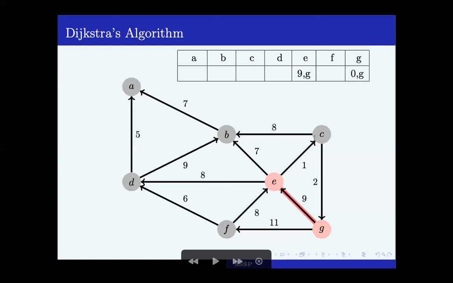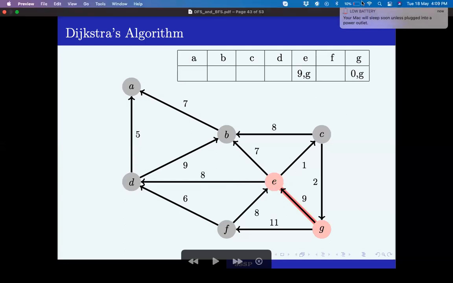What is the cost of going to C? I don't have any path from G, but I have a path from E. I know the minimum cost to E is 9, so G to C by going through E is 9 plus 1, 10.